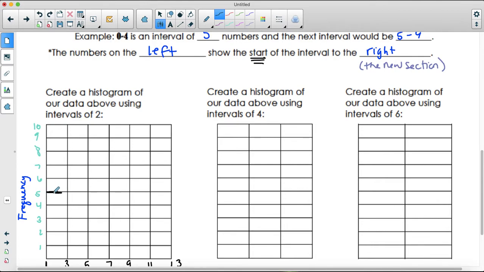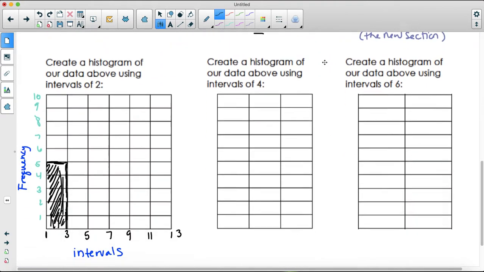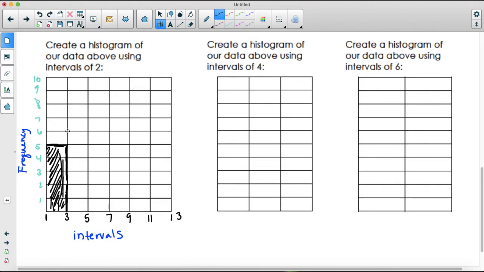My bar would go all the way up, and I would shade this in up to 5. Then for the interval of 3 to 4, so March and April, I would have 2 plus 4, a total of 6. So then my bar would go up to 6, and I would shade this in.